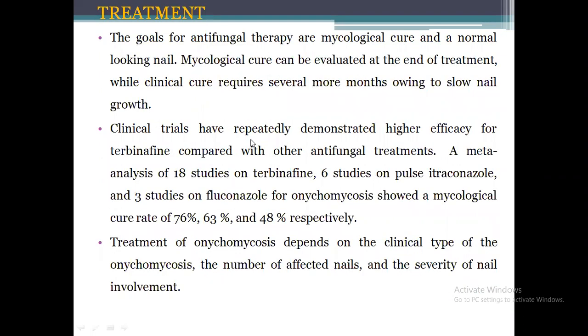Okay, coming to the treatment part, as we know, onychomycosis is a fungal disease, so we have to go to antifungals. In clinical trials, there are some controversial medications for the treatment of onychomycosis.